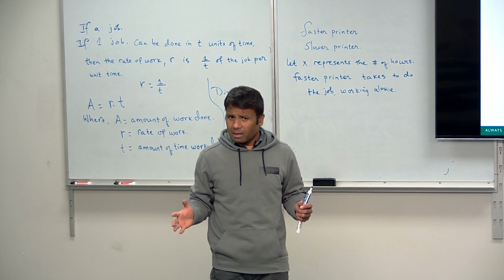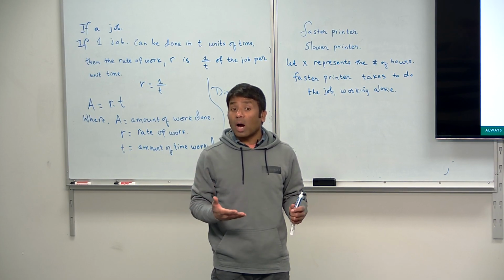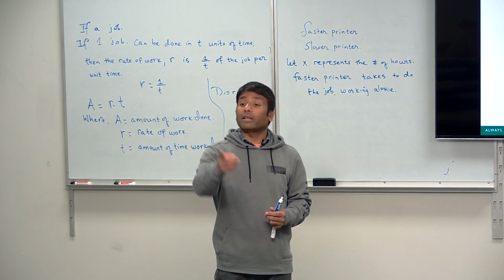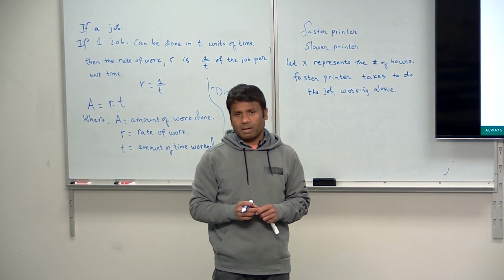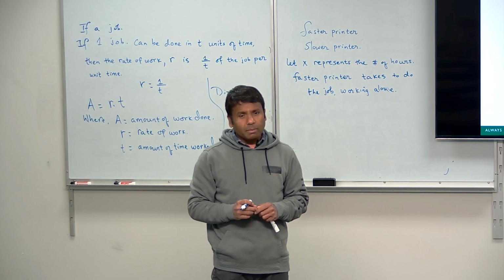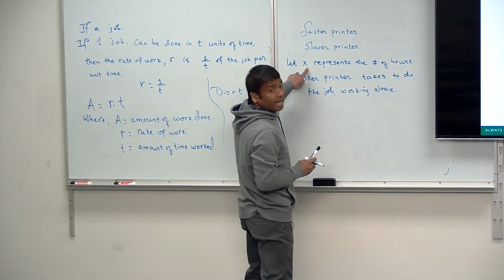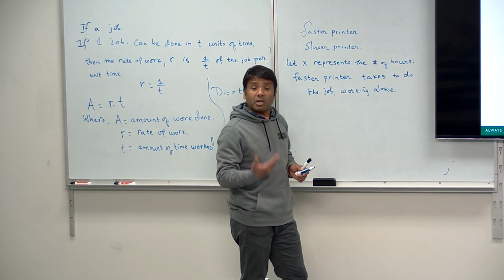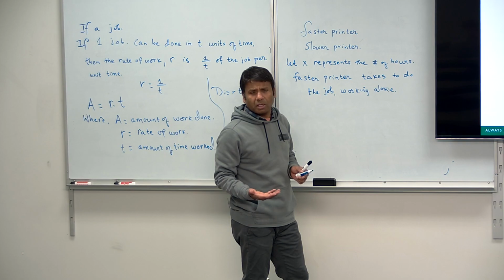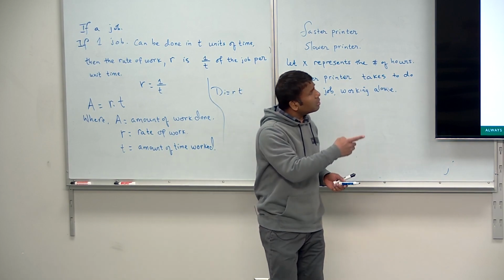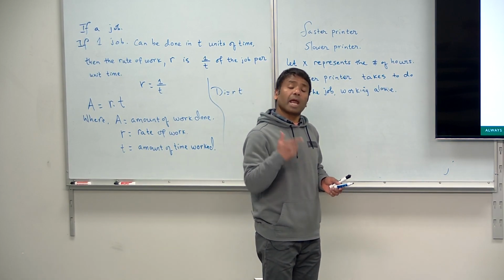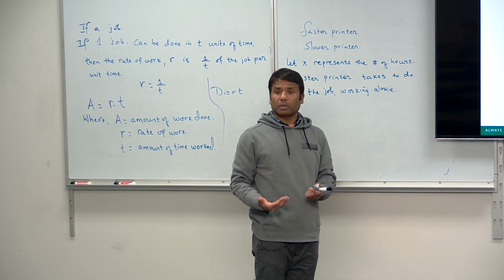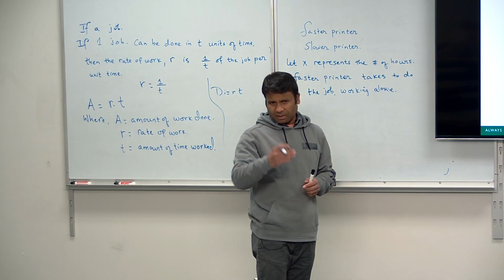So how many hours does the slower printer take? 2x. Exactly, 2x. Because if the faster printer takes X hours, then the slower printer will take 2x hours. You know why? Because the faster printer can do the job twice as fast as the slower printer. Does that make sense?